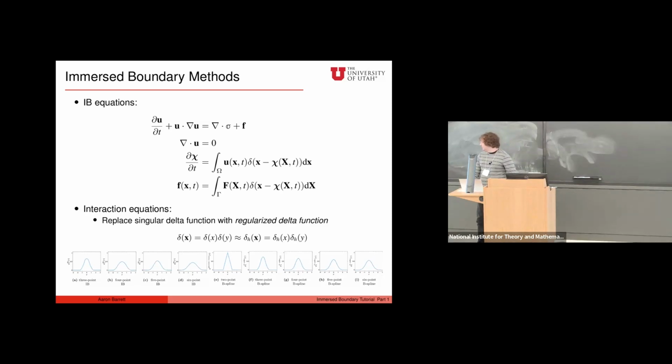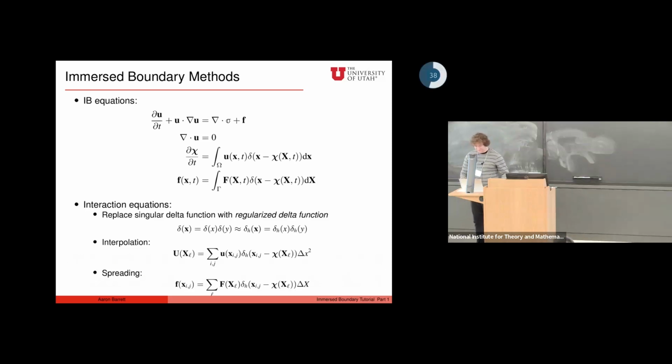But you can choose your favorite delta function if you don't care about accuracy. Once we replace our singular delta function with a regularized delta function, we can use quadrature to evaluate the integrals. Something simple like trapezoidal or midpoint rule tends to be sufficient here. We replace our integrals with finite sums, and these sums are finite because our delta function has compact support.